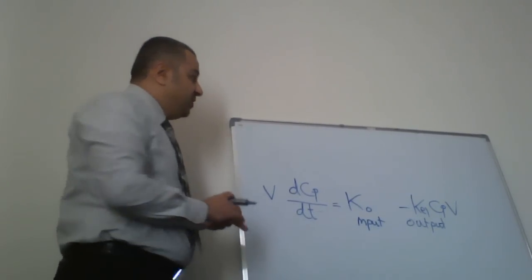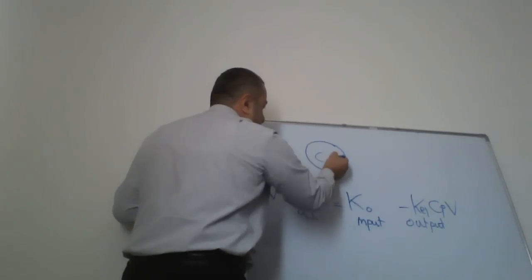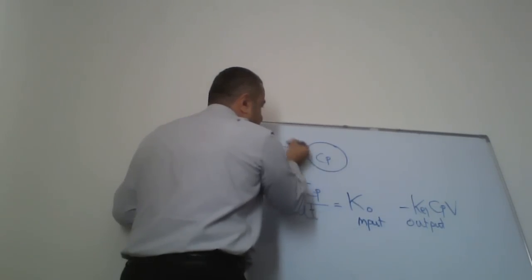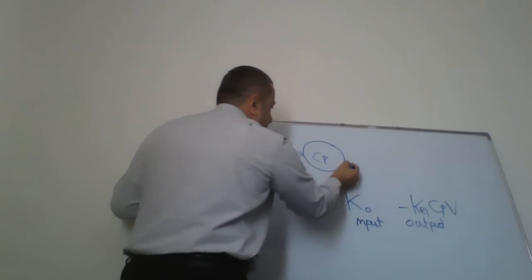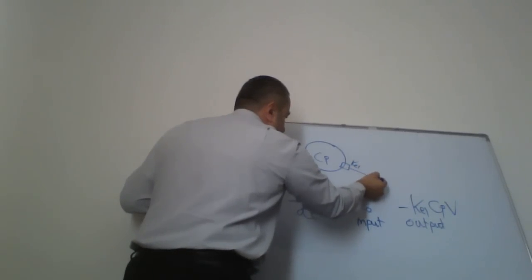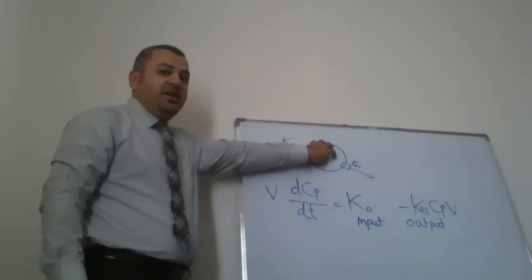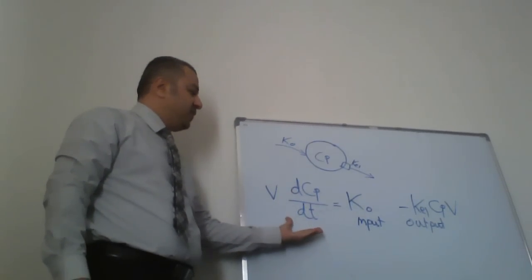So the scheme that I drew for you, one compartment with zero order input and first order output, the one that explains how the changes happen, is in this differential equation.